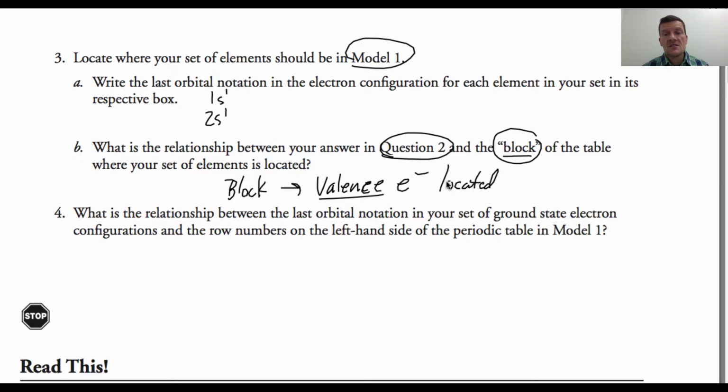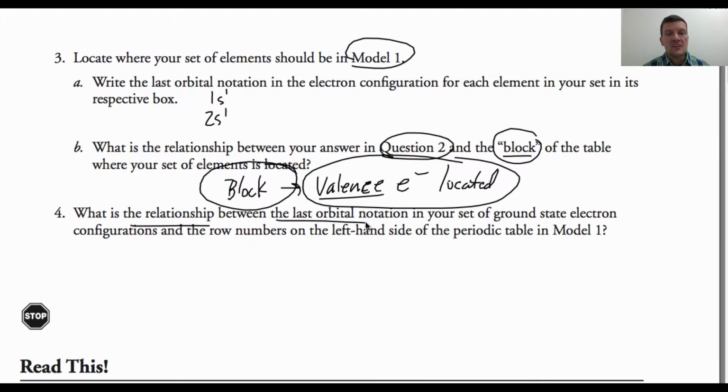It kind of tells us what orbitals have just been filled, or what's the last orbitals to be filled in the arrangement of that particular atom, in the electronic configuration. So the block is kind of an indication of what is being filled. Where are the electrons most recently placed in those particular atoms?